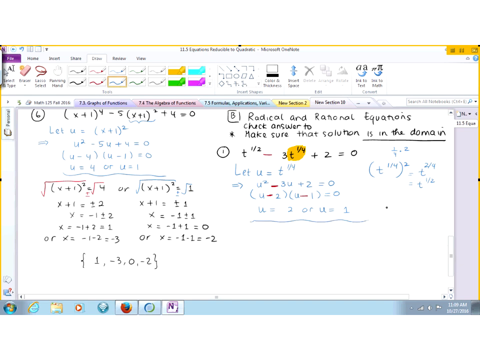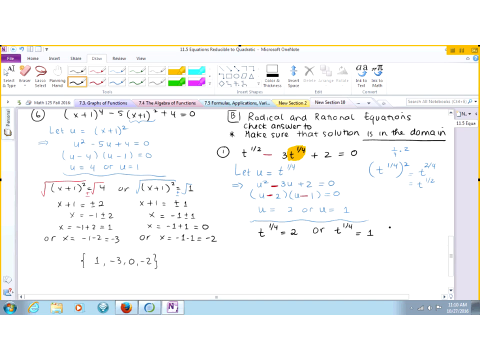So can we continue? Are we done with u? Okay. So what do we do now? T raised to the 1/4 is equal to 2, or t raised to the 1/4 is equal to 1. Okay, good. I'm solving for t. What am I supposed to do?